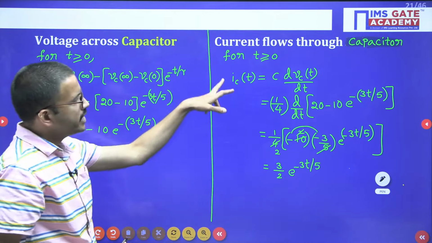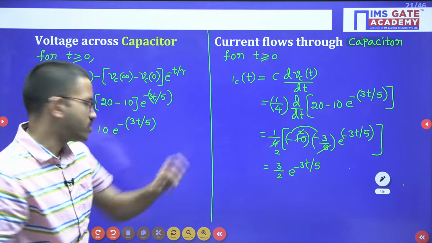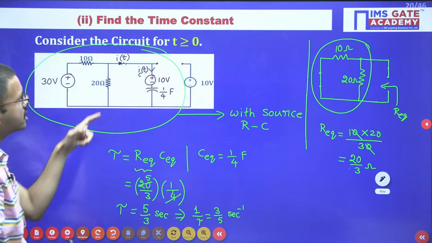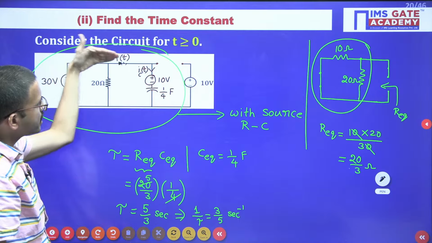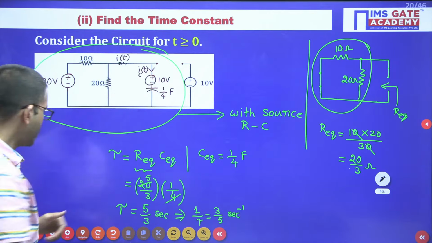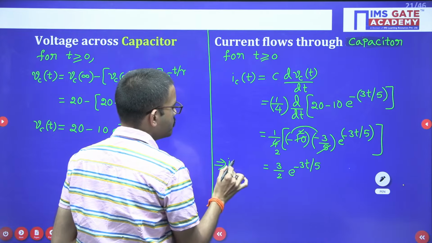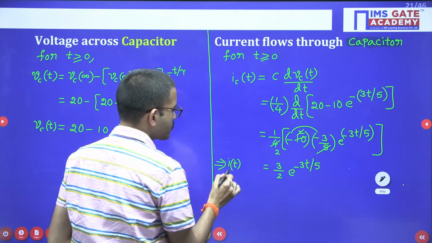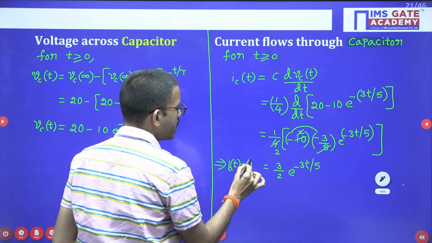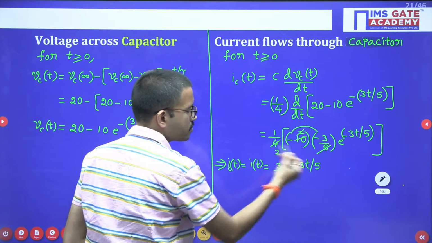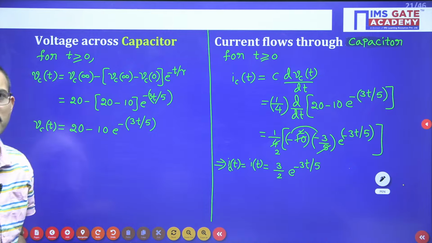So here we got the current flowing through the capacitor. As I have already mentioned, the current flowing through the capacitor and the current flowing in this branch are both the same. So I of t equals IC of t equals 3 by 2 into e power minus 3t by 5.